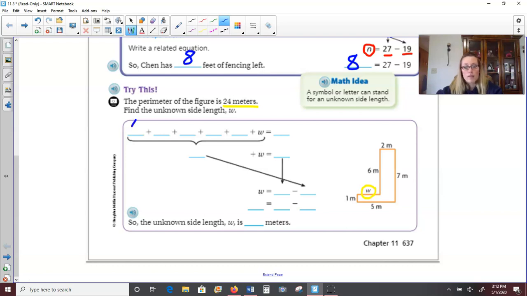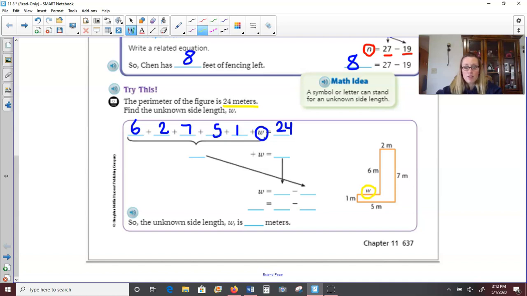We know one side is 6 meters, 2 meters across the top, 7 meters down the long side, 5 meters across the bottom, and then there's one side that is 1 meter. And all of that plus adding W, which we don't know yet, equals the total perimeter, which they told us was 24 meters. So let's add all these numbers together.